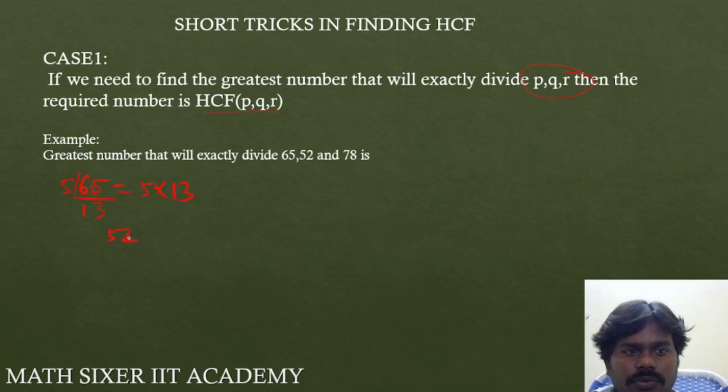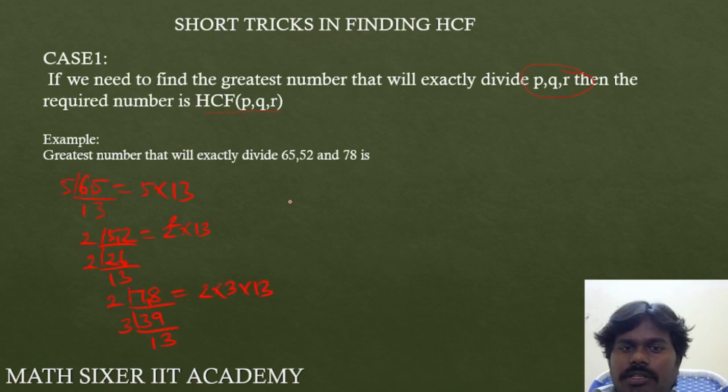Next, 52: 2 twos are 4, remainder 12, 2 sixes are 12, and again 2 ones are 2, 2 threes are 6, so 52 is 2 square into 13. Next, 78: 2 threes are 6, remainder 1, 2 nines are 18, and 3 ones are 3, 3 threes are 9. So the prime factors of 78 are 2, 3 and 13.